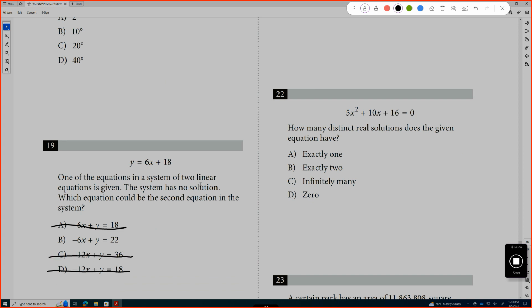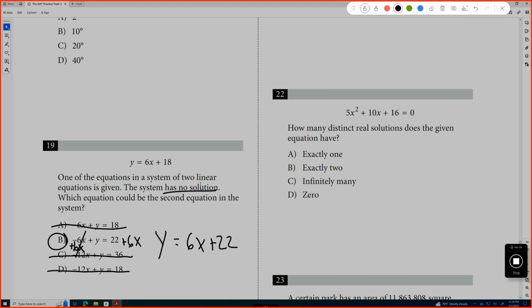So the only answer is when we add 6 to both sides, and we can rewrite the x's in front of the 22, we're going to get y equals 6x plus 22, which is what I had before. So you have choice B as having the same slope, 6, but a different y-intercept. So they're parallel lines. They have no solution.